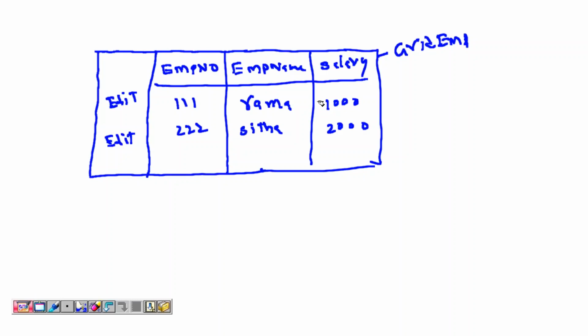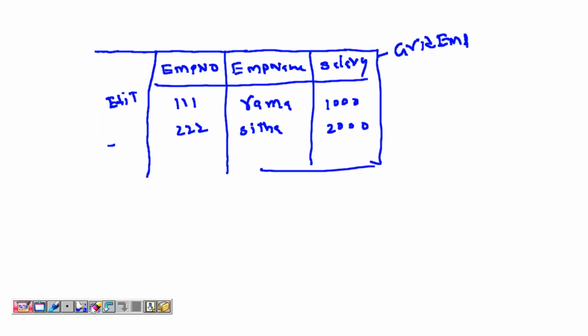Whenever you want to update Sita's salary, what will you do? You will click on the edit button of Sita. Whenever you click the edit button of Sita, what will happen? In this row, instead of the edit button, it will display update and cancel buttons like this.